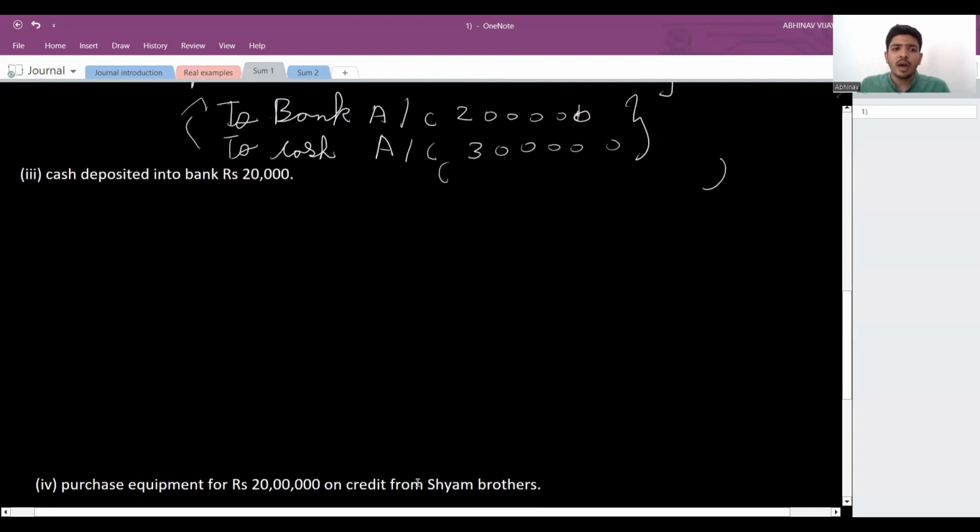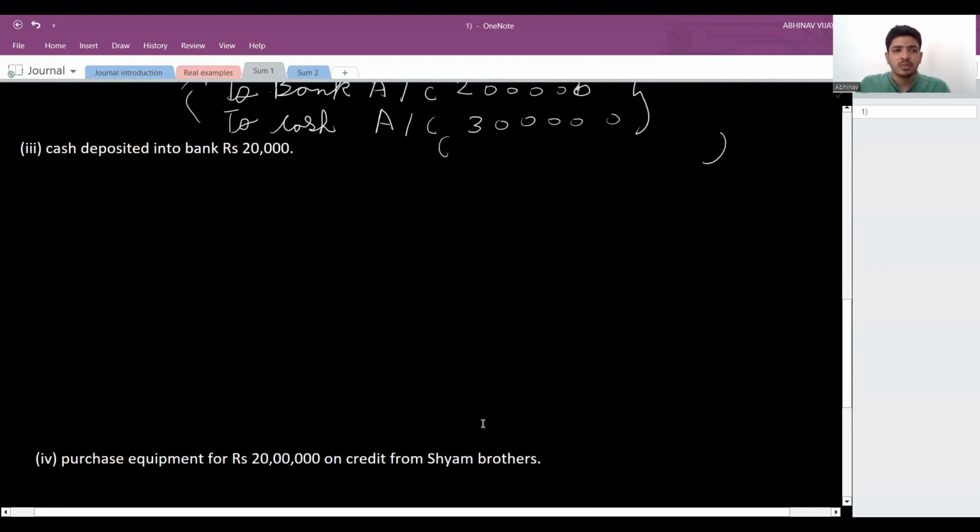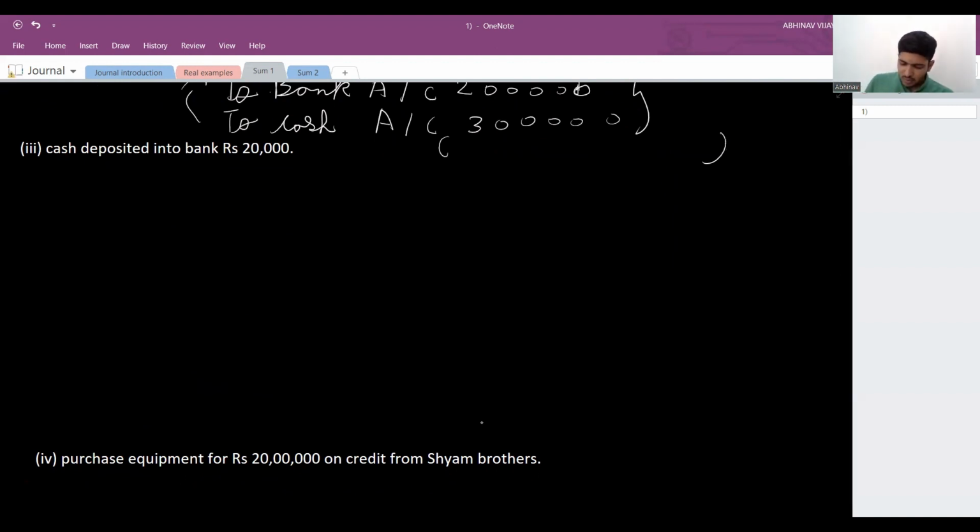Now, cash deposited into bank. Here comes the conceptual part. This entry is a little different from the previous entry. No matter how different any question is, follow the logic. Break down the question. Cash deposited into bank, 20,000.